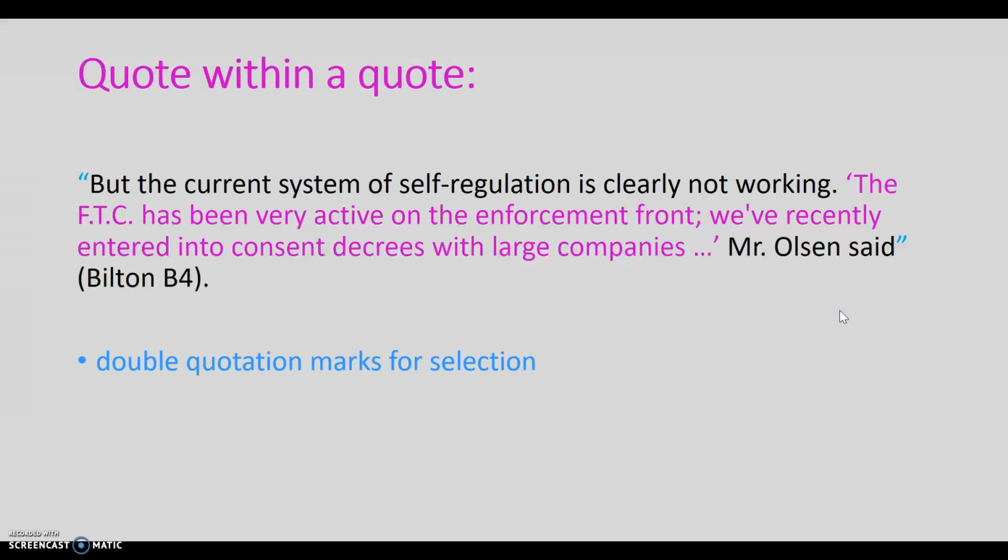So that's the selection of the actual article that you took, but it's quoting somebody else. And what you're going to do there is put a single quote mark for the inner quotation where the person was actually talking, and so you're going to use an apostrophe key for the single quote mark and the blue for the double quote mark to show the selection that you took from an article.